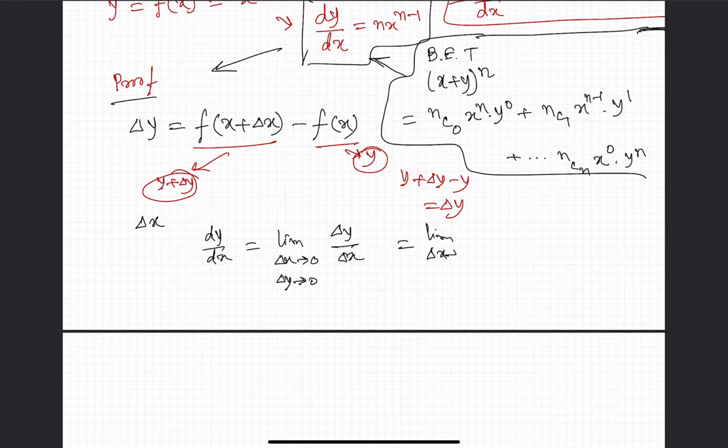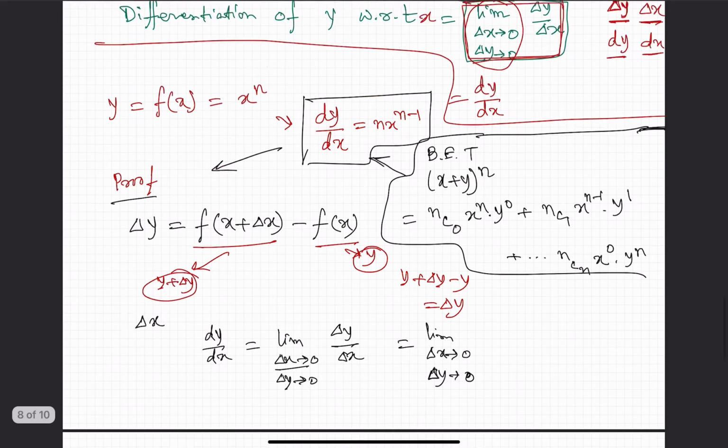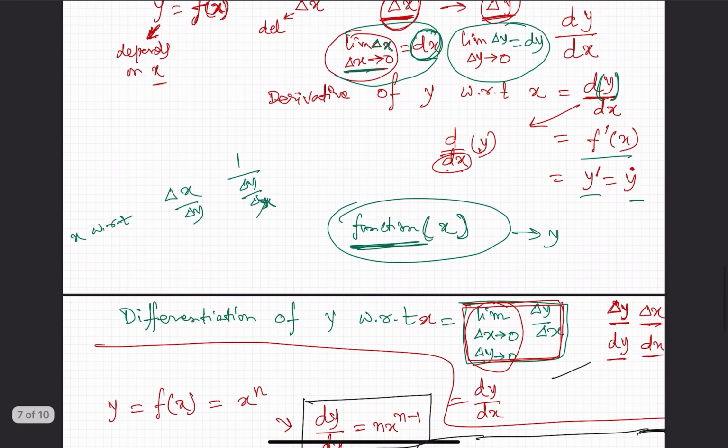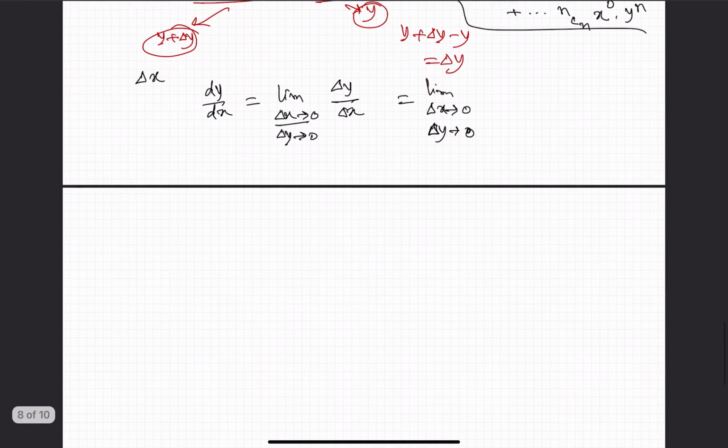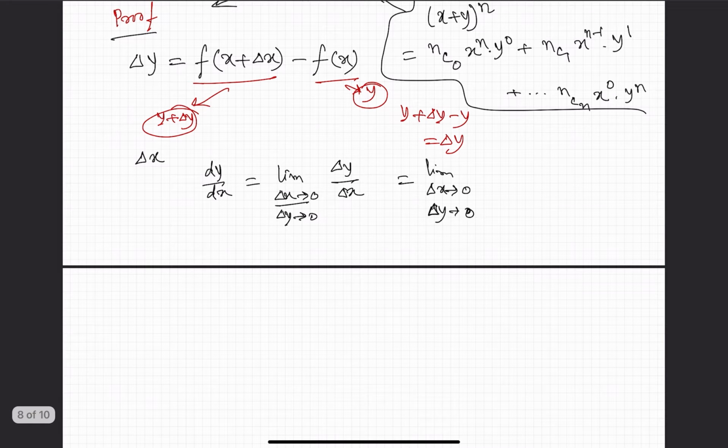With the limit, in each and every step we have to write down the limit, because without the limit del y is not dy, and without this limit del x would not be the same as dx, as we have just discussed. So dy dx would be f of x plus del x minus f of x divided by del x, where del x tends to 0 and del y also tends to 0.